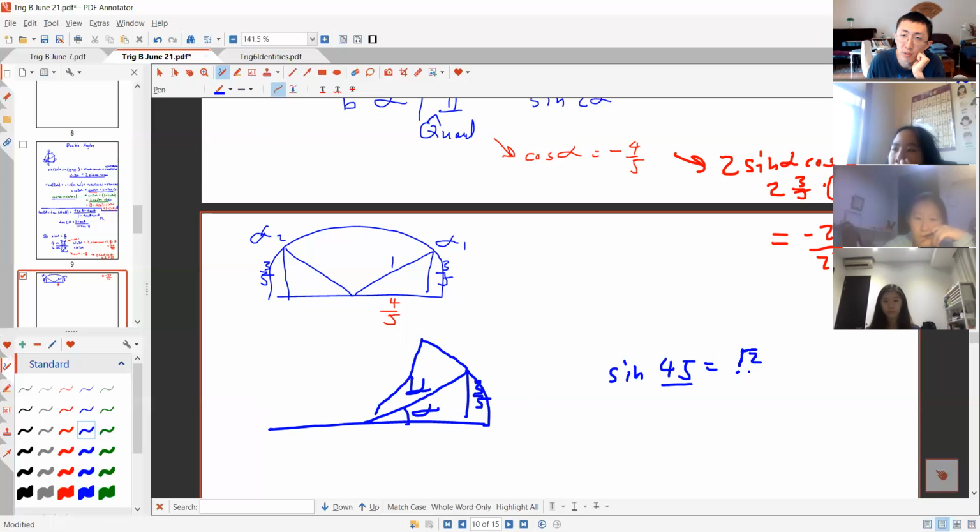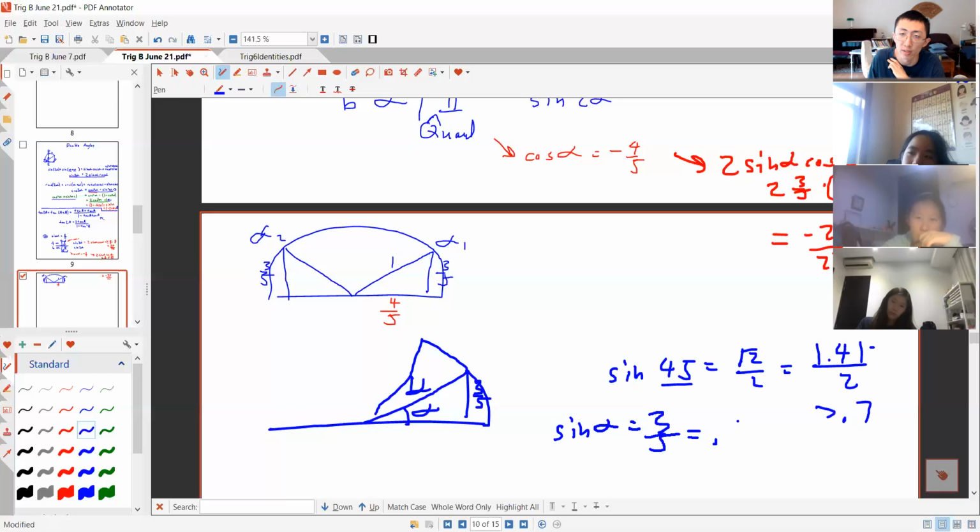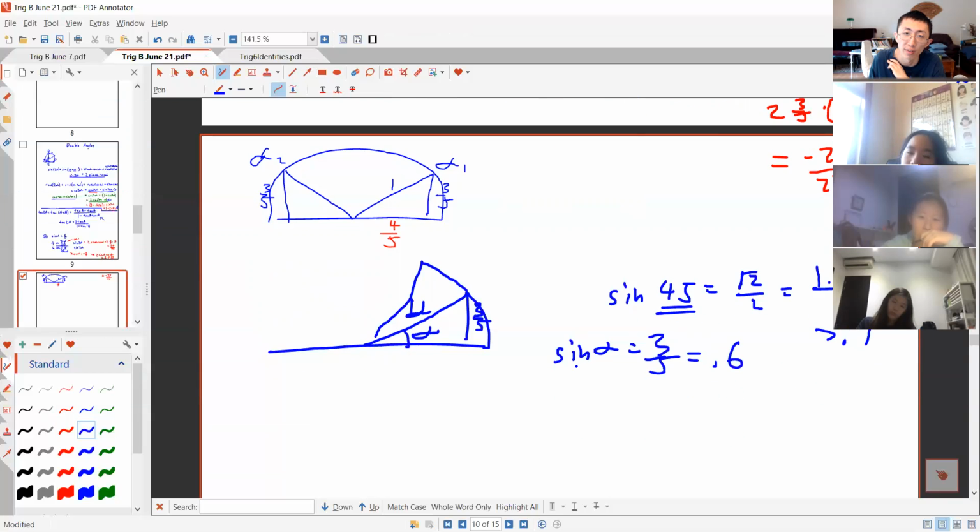Sine of 45 is root 2/2, about 1.41/2, which is about 0.7. It's bigger than 0.7, whereas sine of alpha is 3/5, which is 0.6.